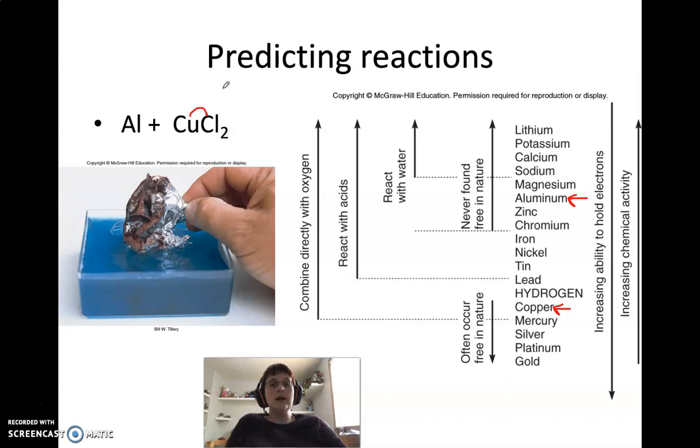So since aluminum is by itself in this reaction, it is going to replace copper in the compound that it's in. And so it's going to swap places. So aluminum is going to jump over here and kick copper out. So we're going to get chlorine by itself for a second, and then the aluminum is going to bind to it.